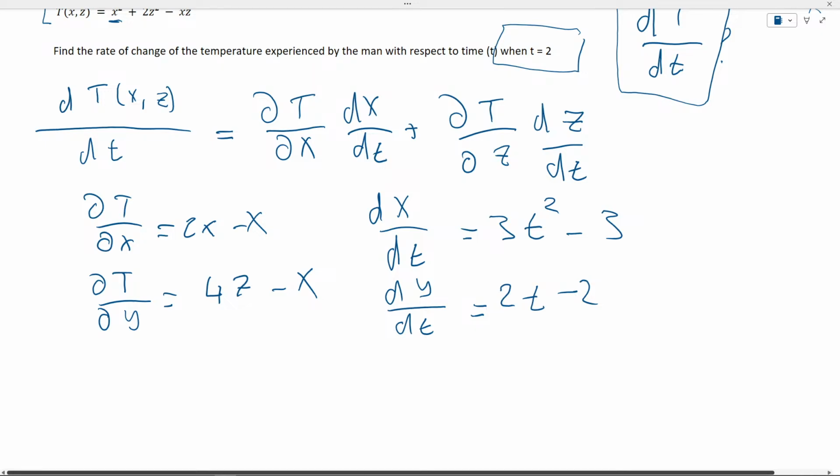I can substitute it, but let's see how we are doing in time because I don't want to keep this long. I think we are doing good in time.